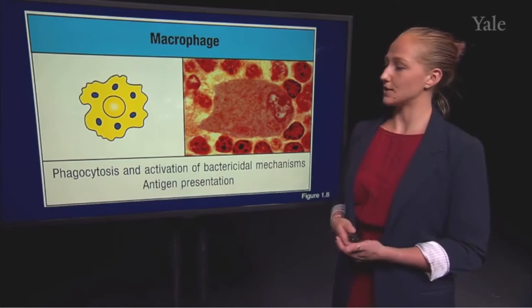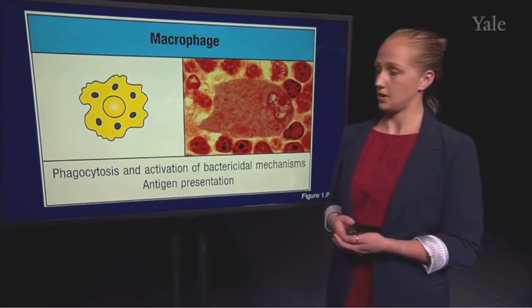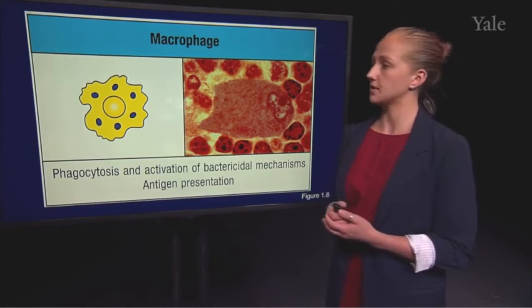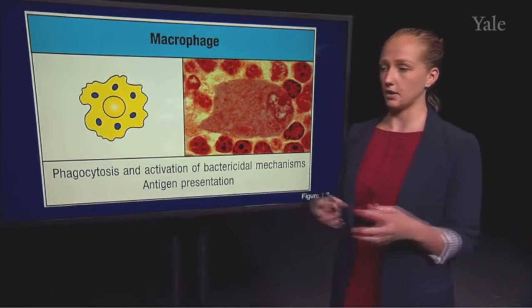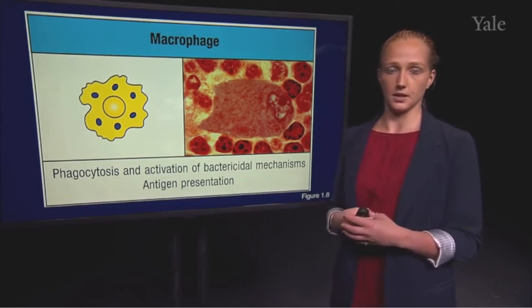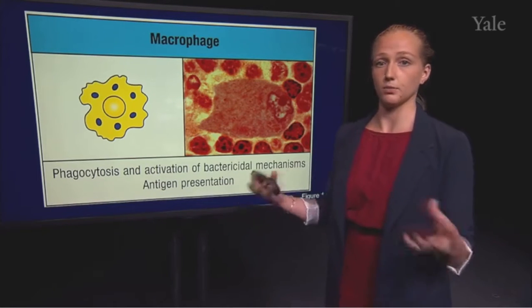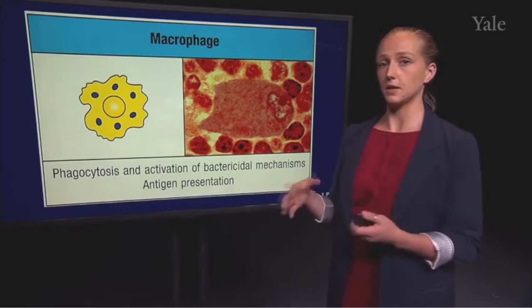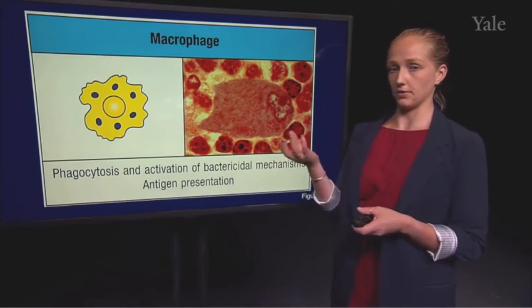Macrophages are also really critical in a process called antigen presentation. Antigen presentation, briefly, is a process by which cells, predominantly phagocytes, will take up various proteins and molecules and other cell types from the environment, bring these in, break them down, and present a portion of those proteins on their surface.